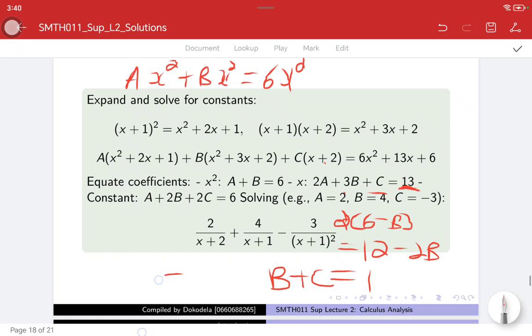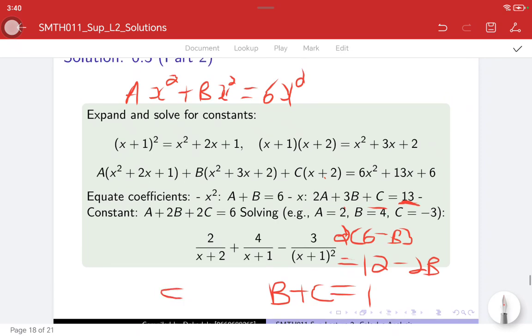Then I make c subject the formula. C will be equal to 1 minus b. So we know that A is equal to 6 minus B, C is equal to 1 minus B. So I can come here and plug both of them. On A, I plug 6 minus B. On B, I leave it as it is because I don't have what is B, right?